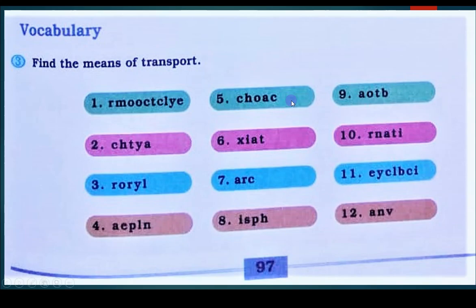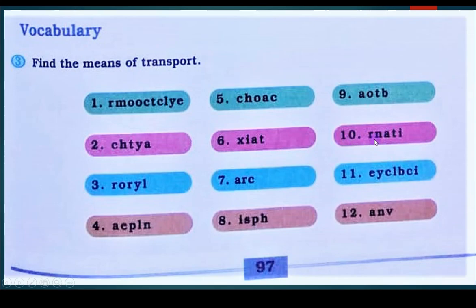As we have seen as an example for sailing, كما شفنا في المثال بالنسبة لسيلين, she goes to school by a boat. Okay? A boat. قارب.